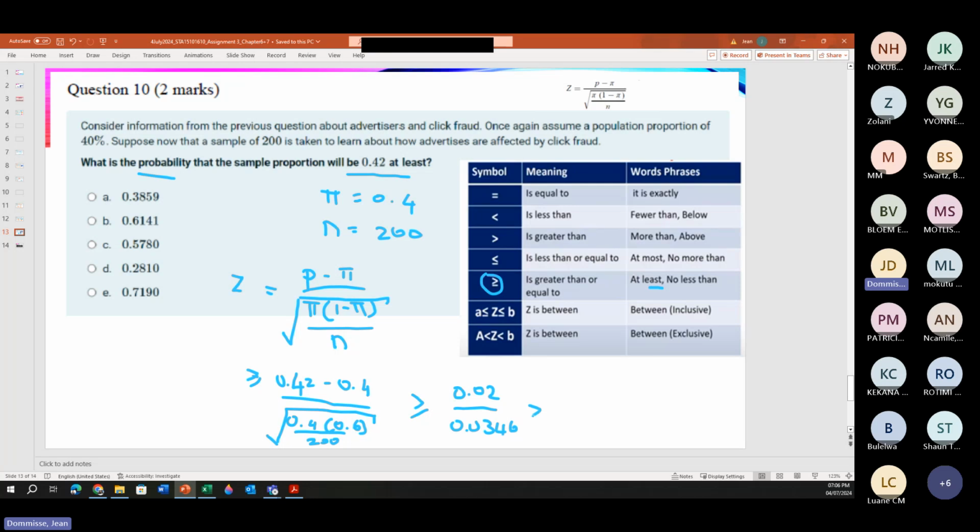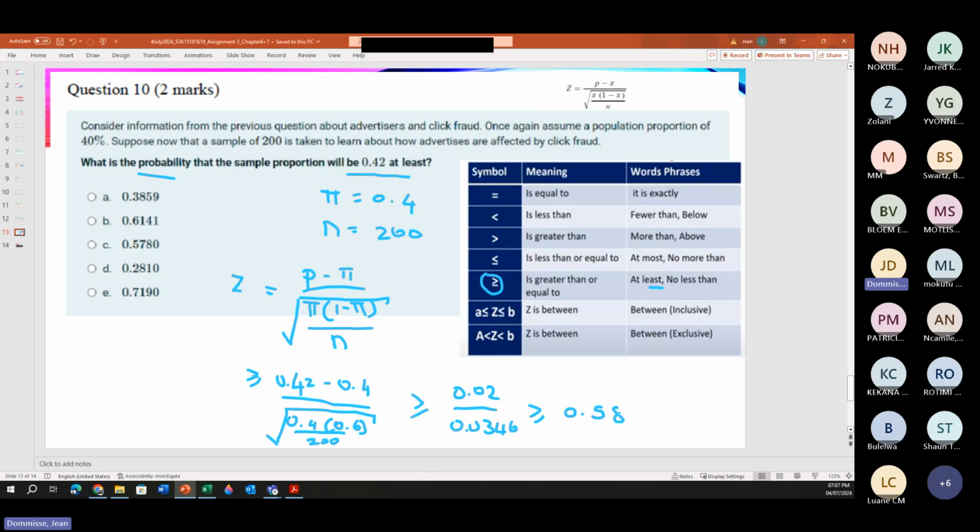So we're looking for z that is bigger or equal to 0.02 divided by 0.0346, and again, let's round it off to 2 decimals, 0.58.